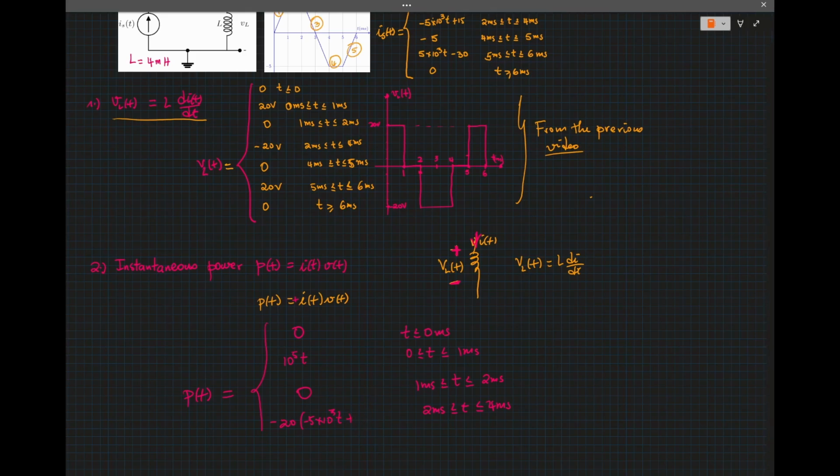So when we multiply this, we have 20 times 5 times 10 to the 3, which is 10 to the 5. So 10 to the 5 t minus 15 times 20, which is 300.